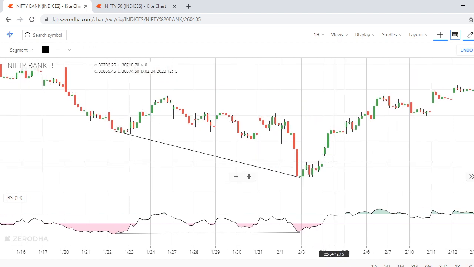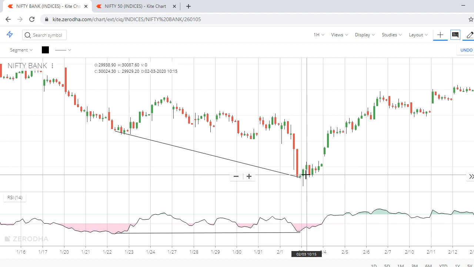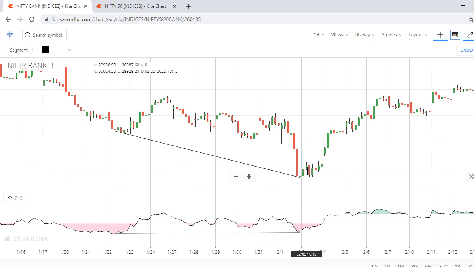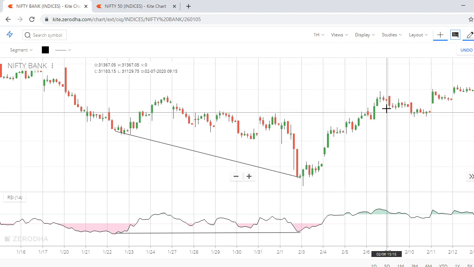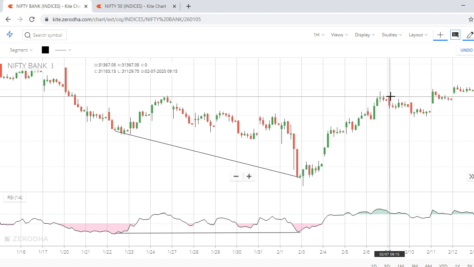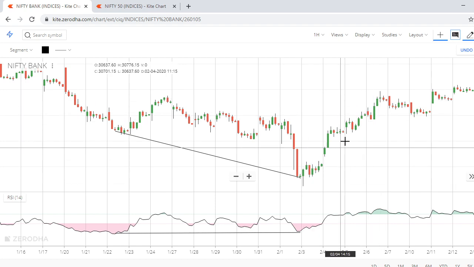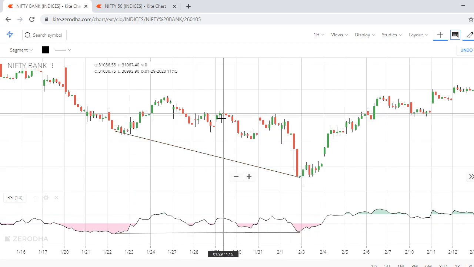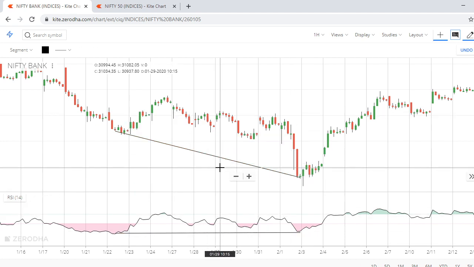Let's suppose you had taken an entry somewhere around 30,000, yes, 29,000, 30,000 or 29,900. Look at the up move, 31,300, 1000 points move. This is what I said in the Bank Nifty hourly chart. Whenever you are able to identify the divergence, you can easily get 1000 to 1500 points.